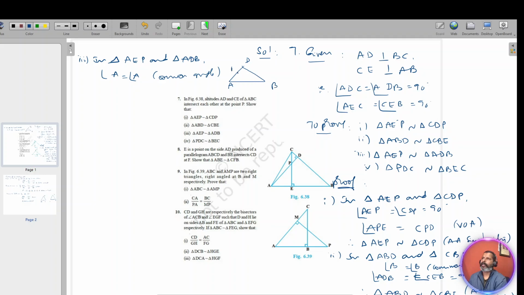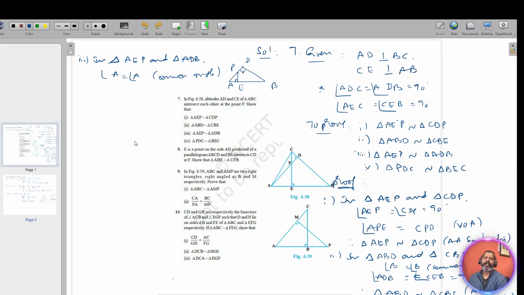P is here only, and we have E here. This is 90, this is 90. So A is common here. AEP has A common, ADB has A common. Don't take B because AEP doesn't have B. Thus A is the common angle.